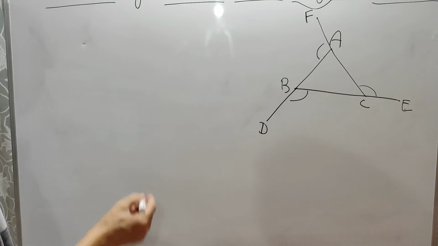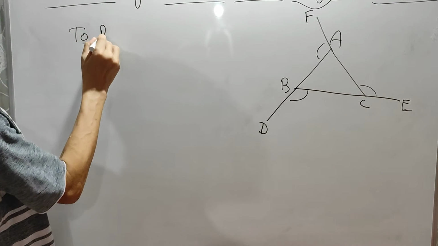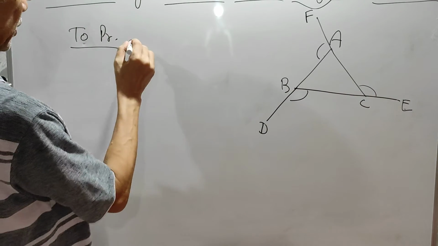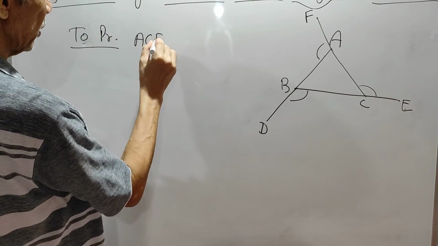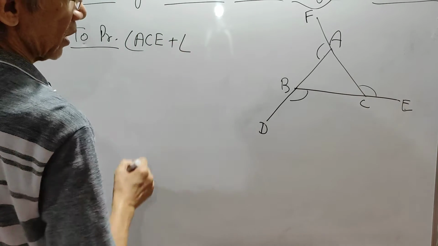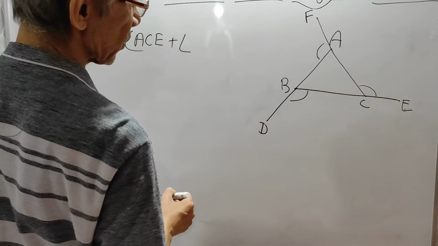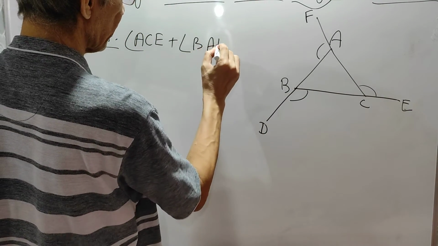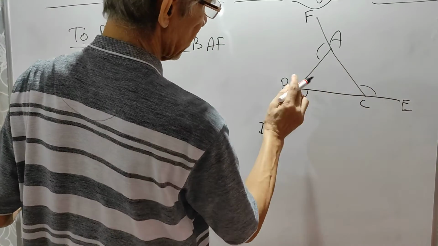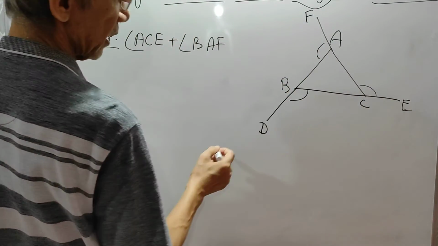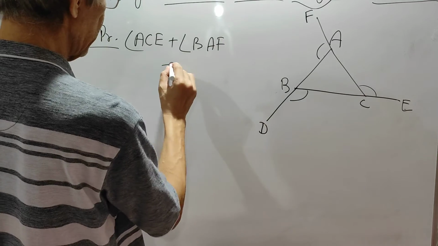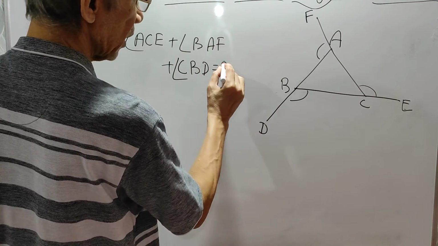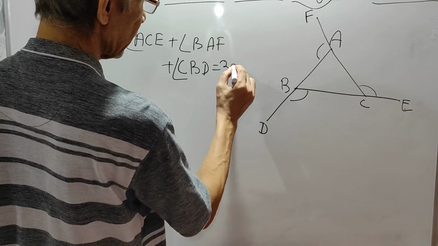Okay. Now you have to prove that the sum of these three external angles, that means ACE plus BAF plus CBD, equals 360 degrees.